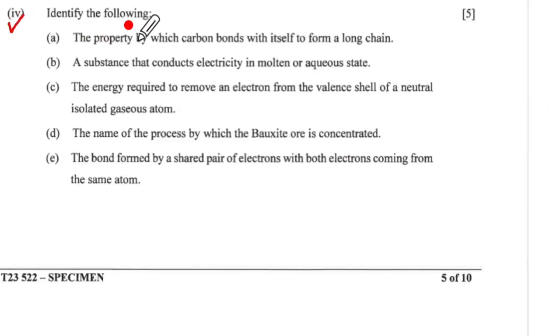The fourth subpart of question 2, identify the following. The property by which carbon bonds with itself to form long chains is catenation. The substance that conducts electricity in molten or aqueous state is going to be electrovalent compound.